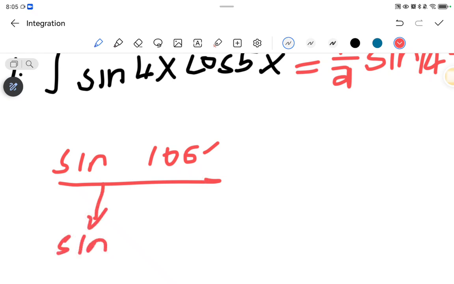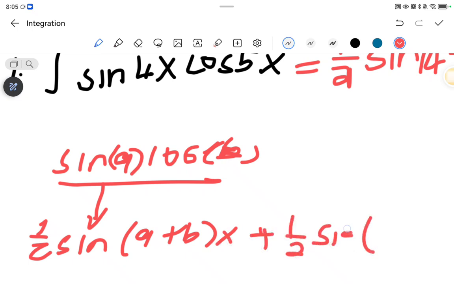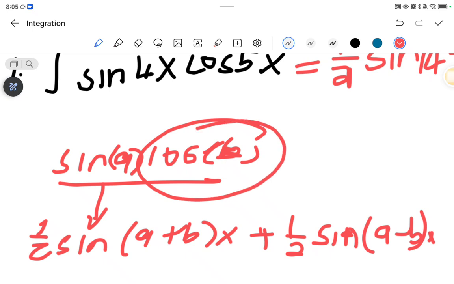So this will be 1 over 2 sine of the angle here plus the angle here. If the angle here is A and the angle here is B, you're going to have (A plus B)x, plus 1 over 2 sine of the first angle minus the second angle, x. The other ones are always going to be in the form of cos, as long as it's not sine cos.